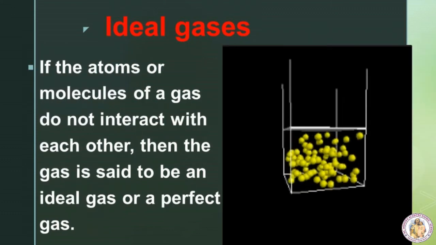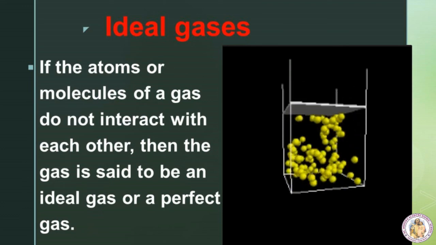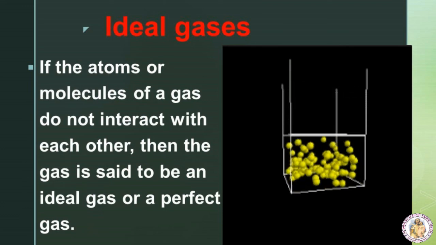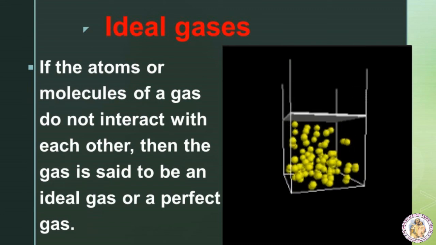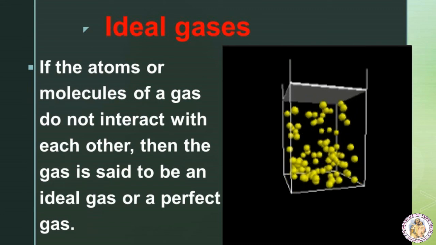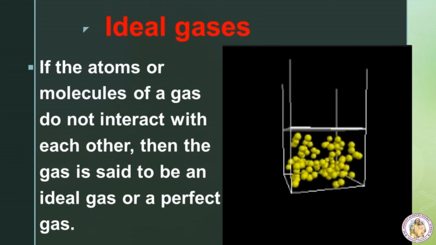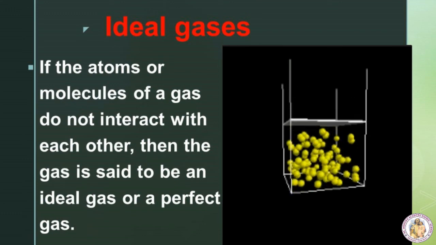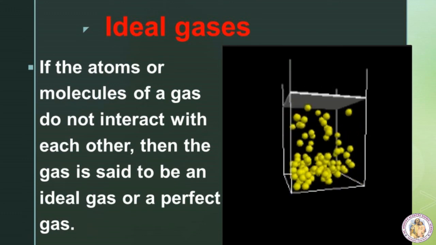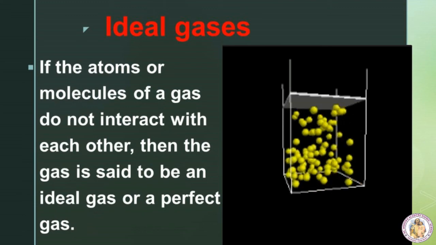Okay, what is an ideal gas? If the atoms or molecules of a gas do not interact with each other, then the gas is said to be an ideal gas or a perfect gas. When we say ideal gas, it means that at very high temperature or low pressure, real gases behave as an ideal gas.